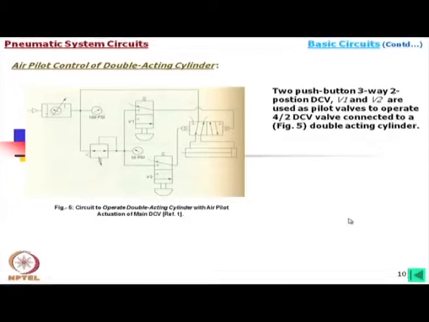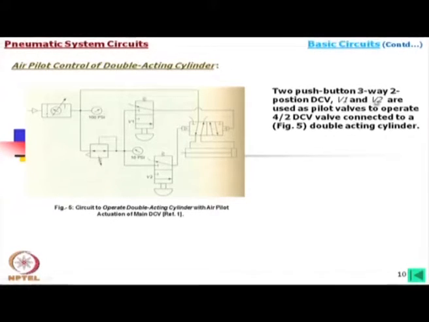Now, air pilot control of double acting cylinders: the same double acting cylinder, and we have the same valve, but instead of a push button, this is actuated by the air, and that is called pilot operated.